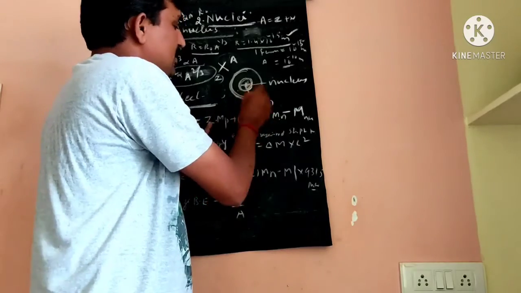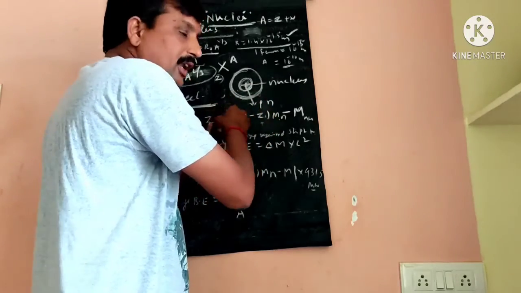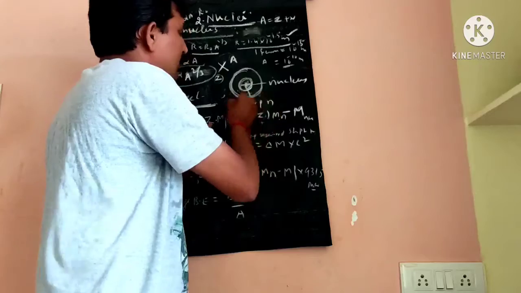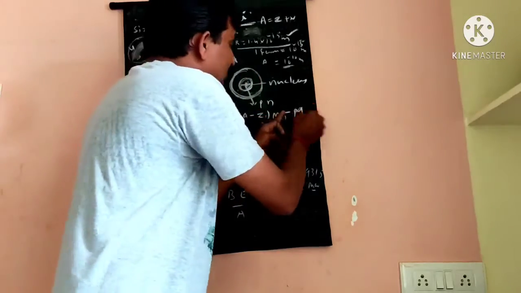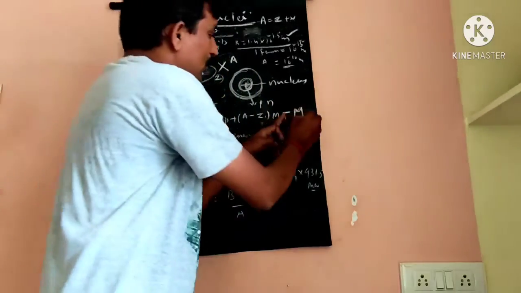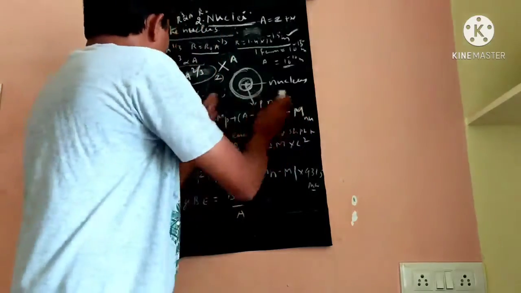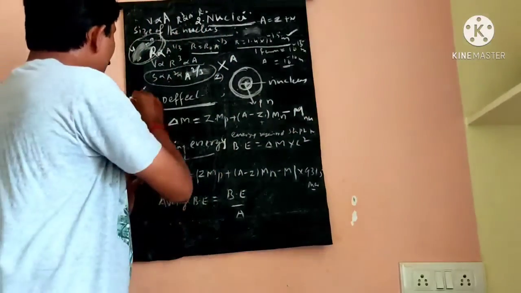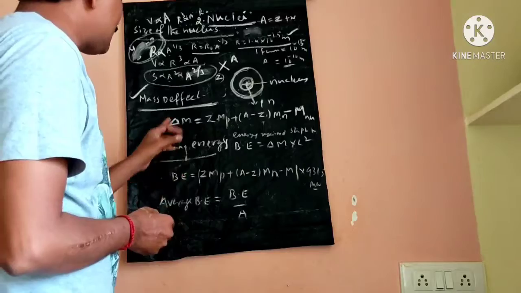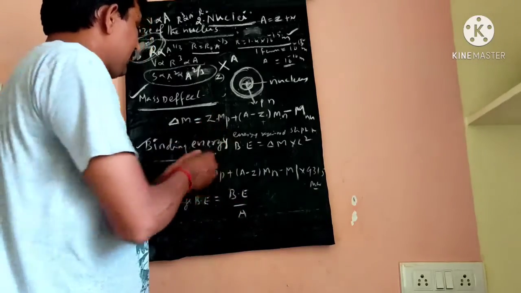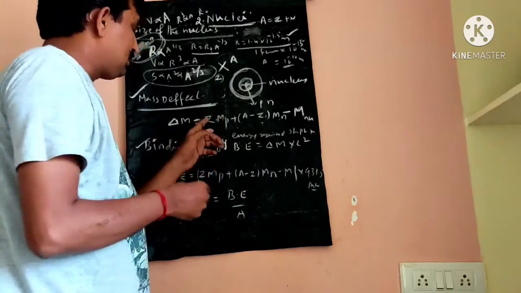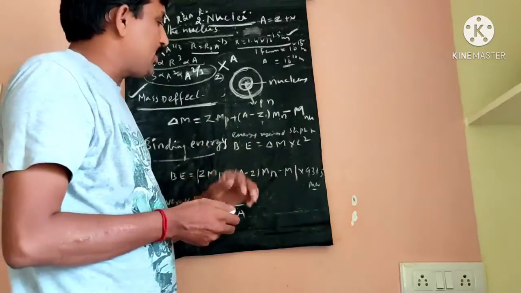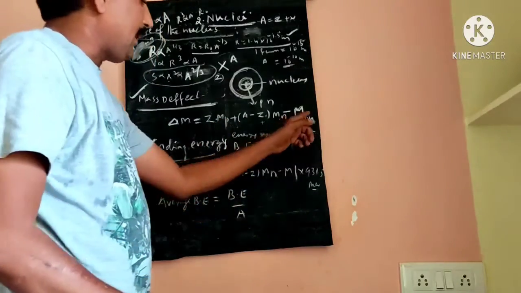So this is the proton mass plus neutron mass, the individual mass of nucleons, minus the actual mass of the nucleus. The difference between these two is called mass defect, denoted by delta M. The equation is delta M is equal to ZMp plus (A minus Z) into Mn minus capital M.